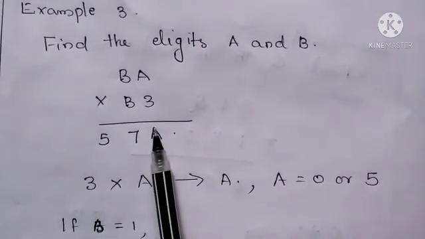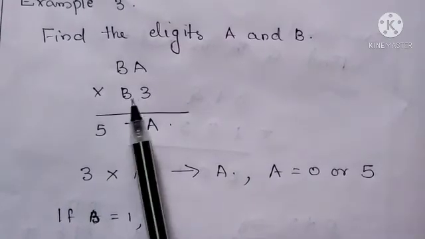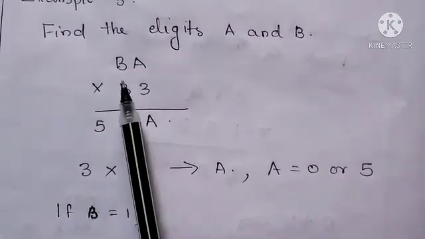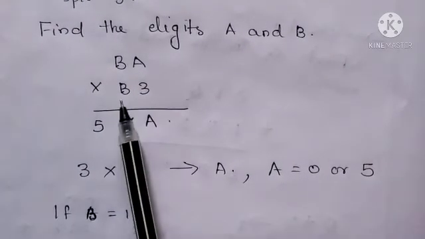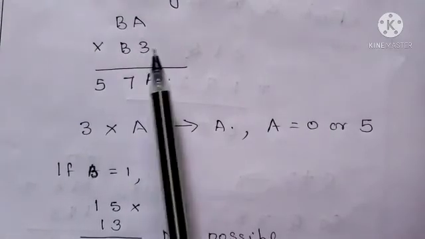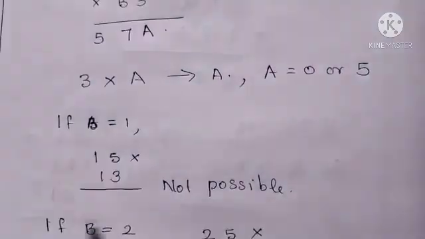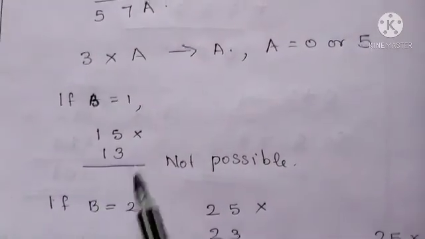Next case, if B equal to 1, what will be there? The number will become 15 into 13. 15 into 13, we don't get 57 and 5. So we can put B equal to 2.